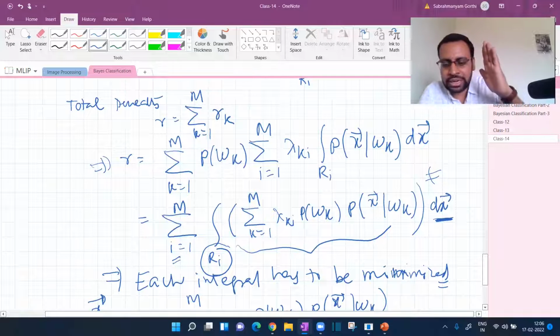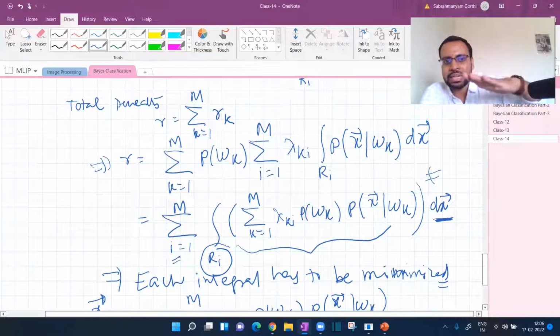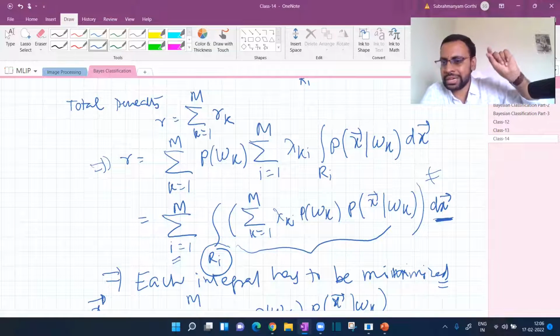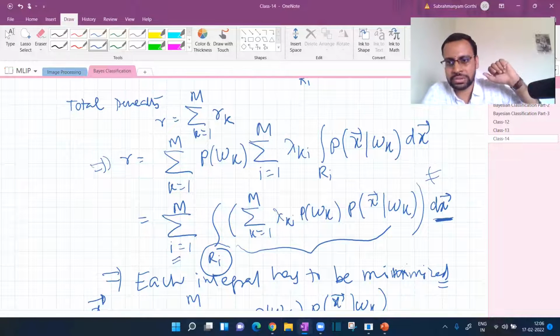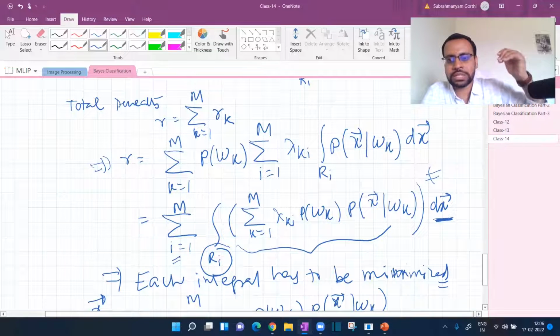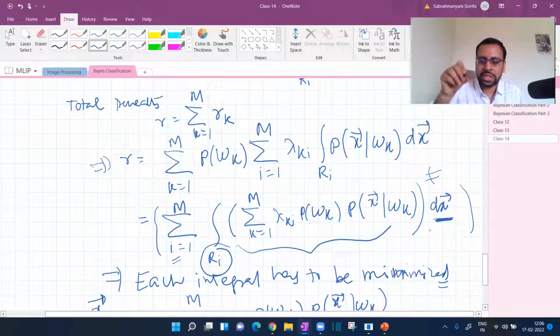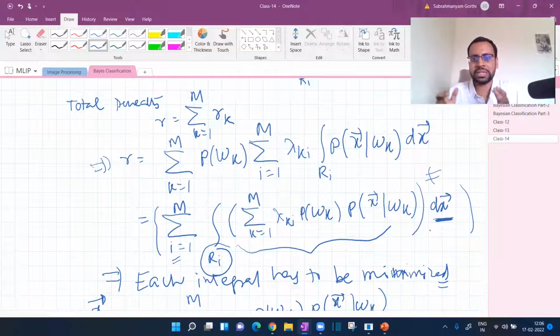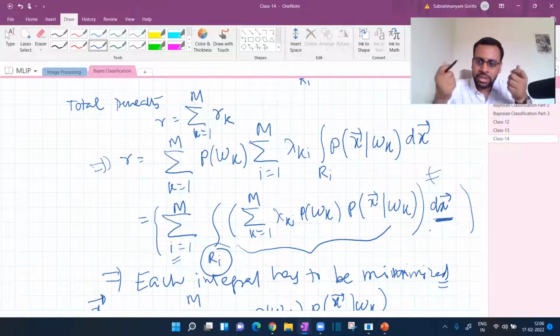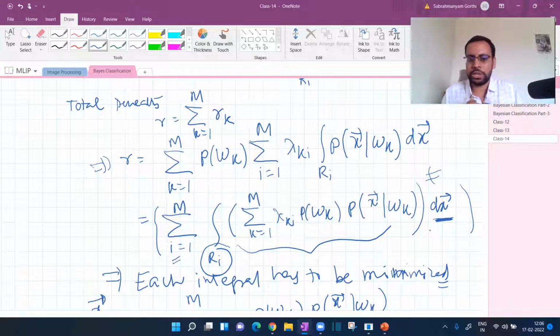See, when you are doing an integral, this is area under the curve. This is a positive value, or to be more precise, a non-negative value. It can be 0 also. Now, for this summation to be minimum, inside which there is an integral over each region, such M regions, each region telling you one class, each of these components has to be minimum.